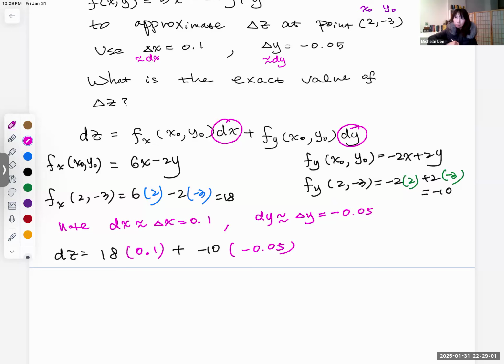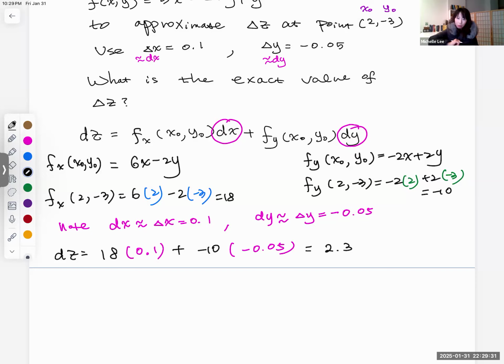Okay, can you please calculate? So that will be 2.3. So this is the total differential, 2.3.